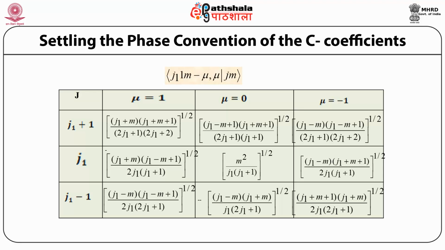For j equals to j1 minus 1, for mu equals to 1, it is j1 minus m into j1 minus m plus 1 by 2j1 into 2j1 plus 1 whole to the power half. For mu equals to 0, it is j1 minus m into j1 plus m by j1 into 2j1 plus 1 whole to the power half. For mu equals to minus 1, j1 plus m plus 1 into j1 plus m by 2j1 into 2j1 plus 1 whole to the power half.